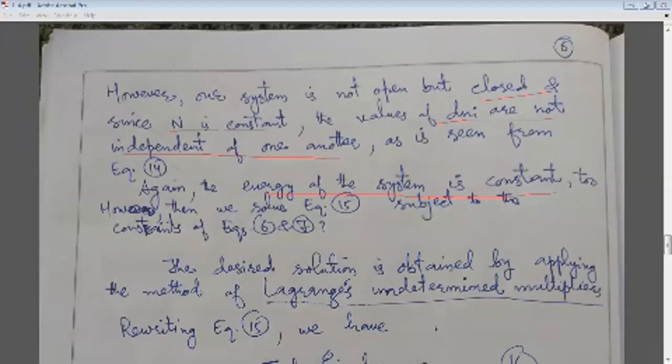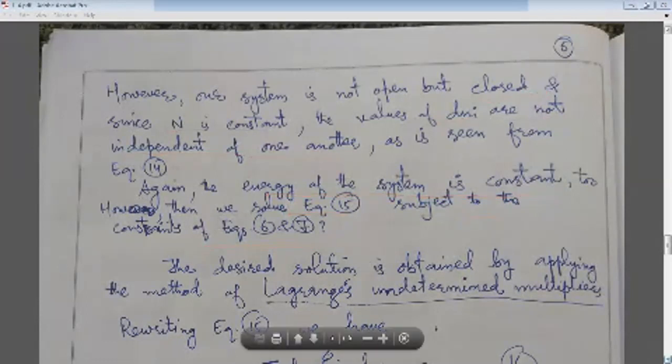At the start, we take 2 points into consideration, that the energy is also constant. So then solve equation 15 subject to the constraints of equations 6 and 7. We have to take equations 6 and 7 into consideration, putting these constraints.